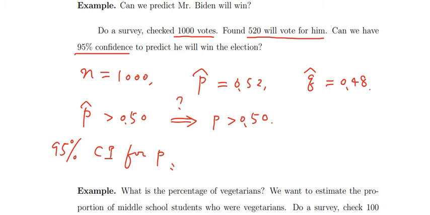So we can use this formula: p hat plus or minus z star times sigma over root n. Here sigma we can replace using the 1-0 case, the square root of p hat q hat.